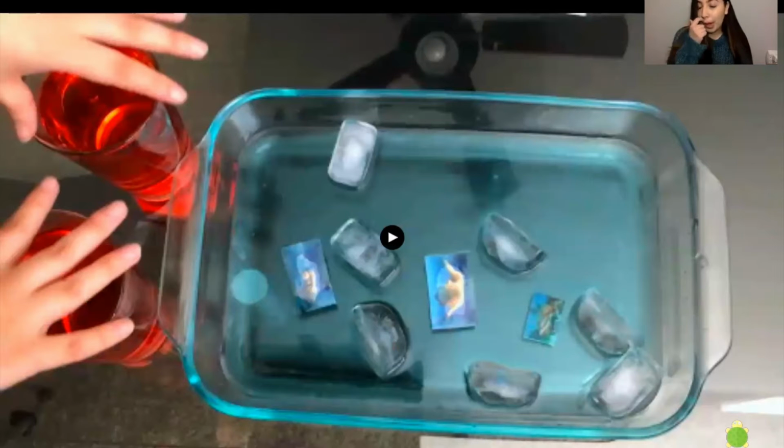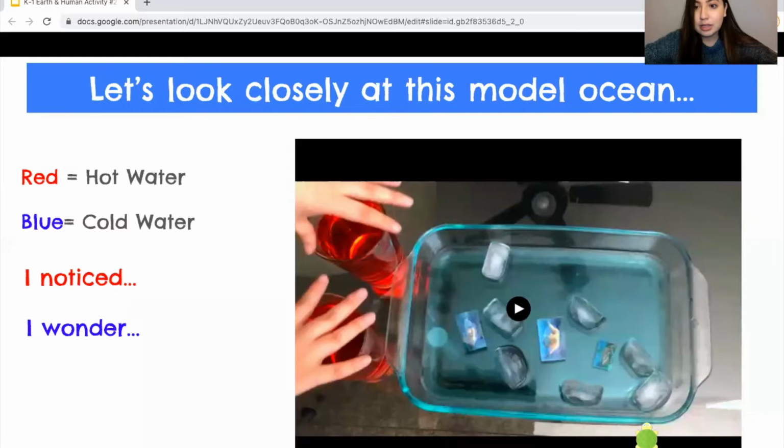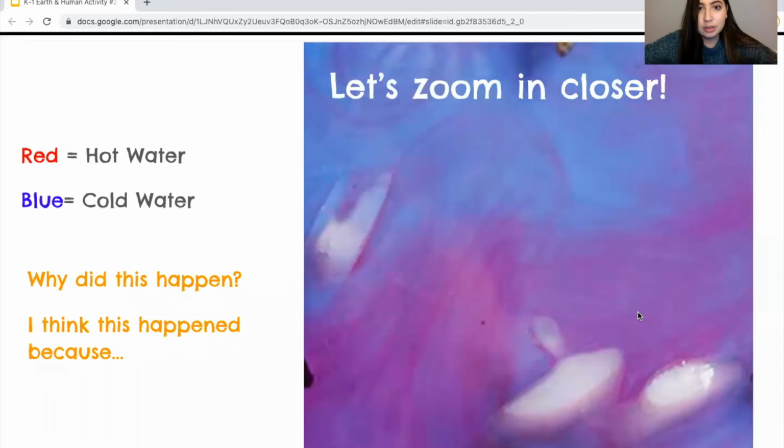Nice. So we just saw that we had cold water and warm water and what happened when they came together. So let's continue to learn. We're going to zoom in closer and look at what happened in our model habitat. So we know that the red water is hot water and blue water is cold water.